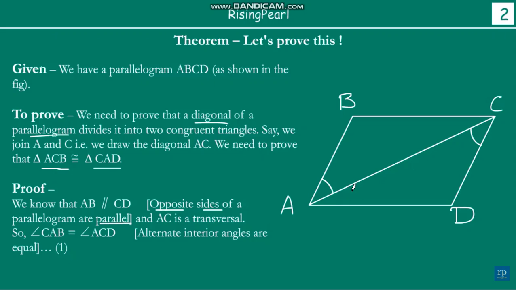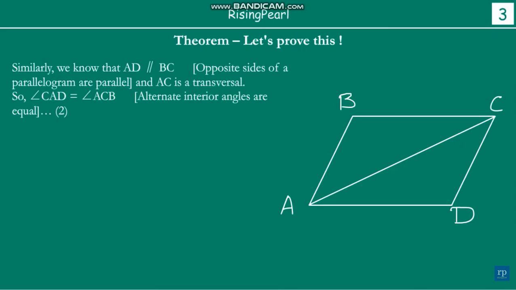When two lines are parallel, the transversal makes alternate interior angles equal. Therefore, angle CAB is equal to angle ACD. We label this as equation 1.